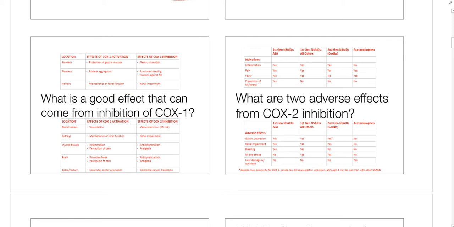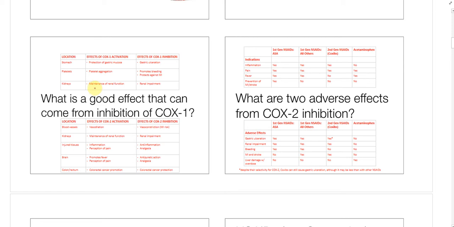So when we block COX-1, because we are blocking the protection of gastric mucosa with those prostaglandins, the stomach then is at risk of gastric ulcers. By blocking platelet aggregation, there's a potential risk of bleeding and the benefit of protecting against myocardial infarctions or heart attacks.